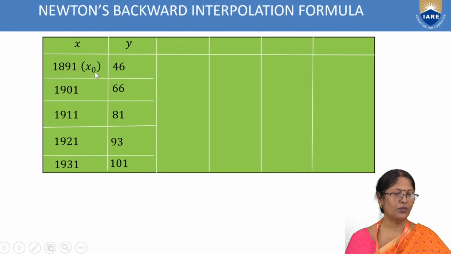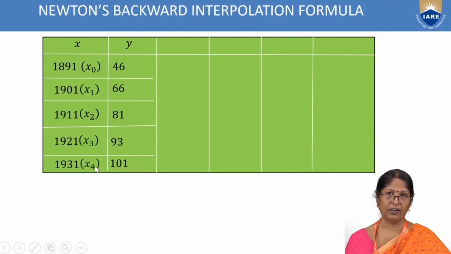Now we give names: 1891, the initial point, we name x naught. The next, 1901, we name x1, 1911 x2, 1921 x3, and 1931 x4.